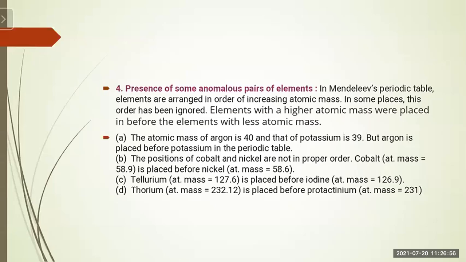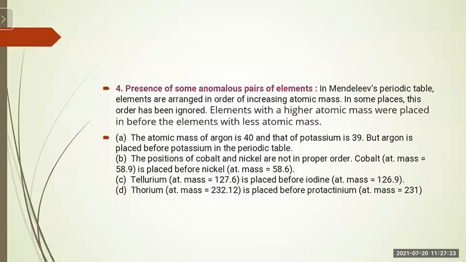The higher atomic mass is placed before the lower atomic mass. The same is true for tellurium. Its atomic mass, 127.6, is placed before iodine, whose atomic mass is 126.9. Similarly for thorium, whose atomic mass of 232.12 is placed before protactinium, whose atomic mass is 231.